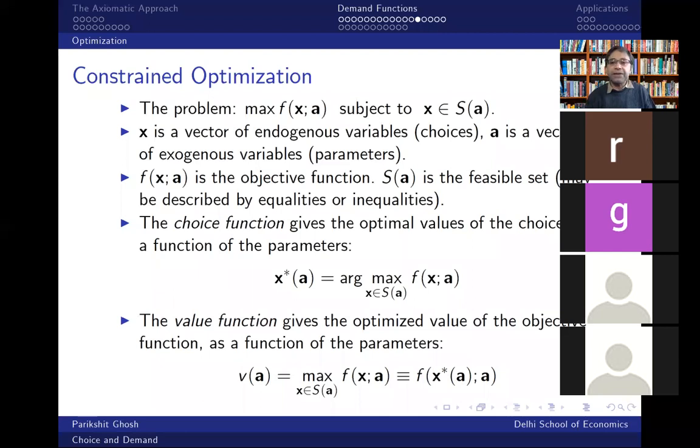Give you some indication to that effect. So the two results that we will be talking about are the implicit function theorem and the envelope theorem.